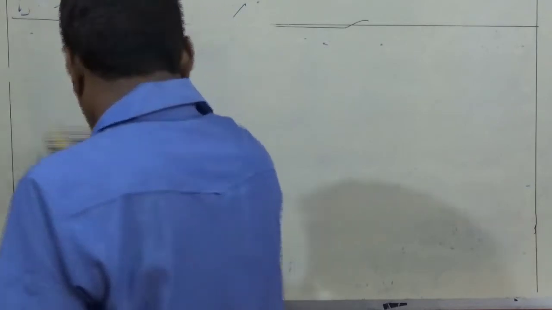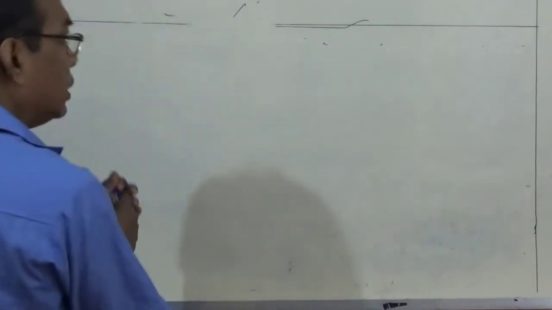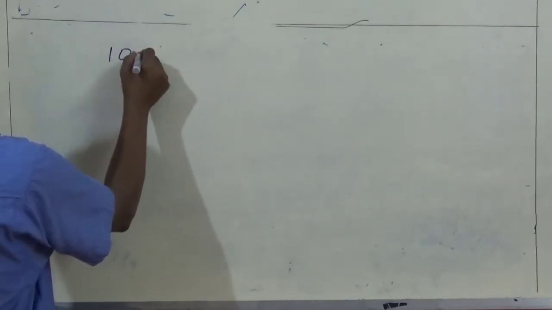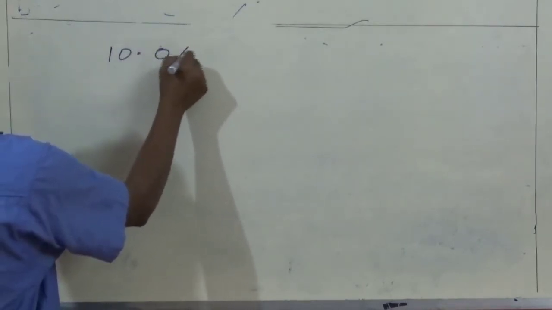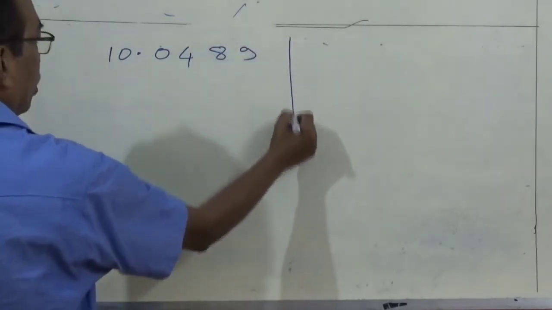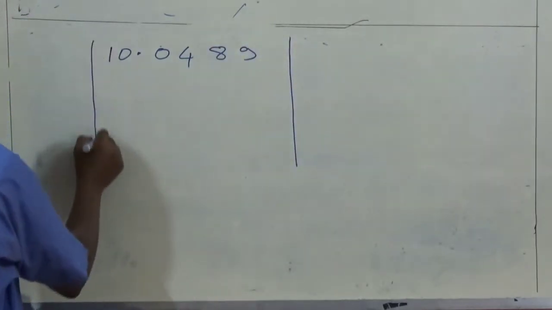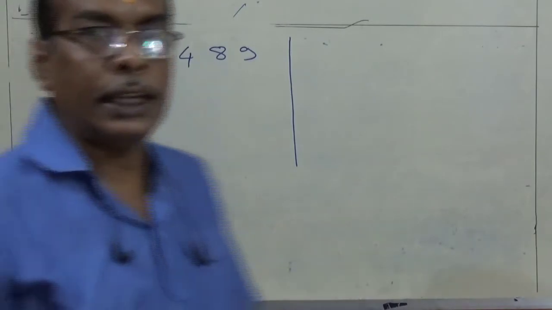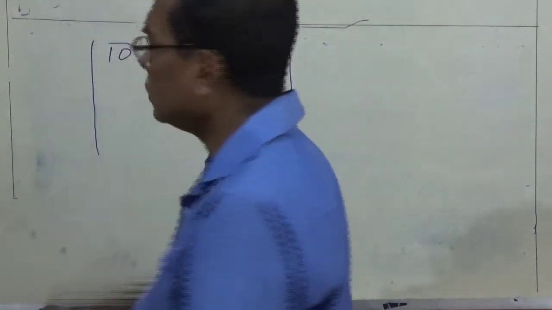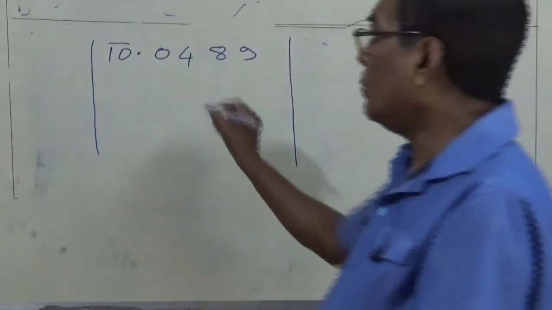So let us start. First of all, write here that number 10.0489. Draw a line here, draw a line here. As I have told you, for the integer part make the pairs from right to left and for the decimal part from left to right.